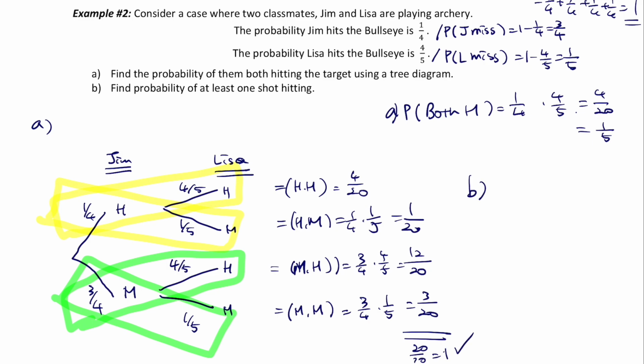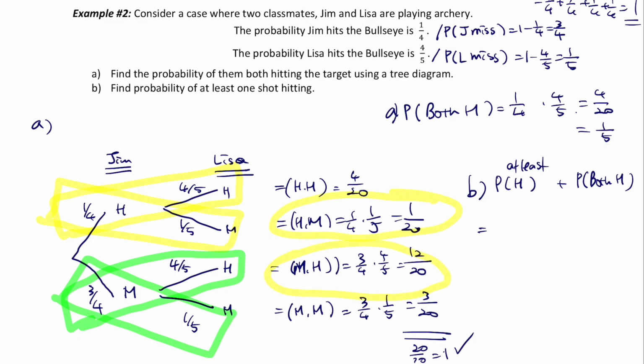That means for question B, we need to find the probability of at least one shot hitting, right? So we need to find the probability of one hit, at least one hit, and the probability both hit. So what we can do is find the cases where at least one of them is hitting, which is this and this.